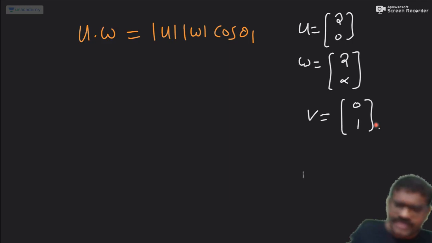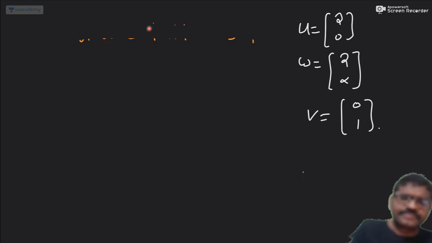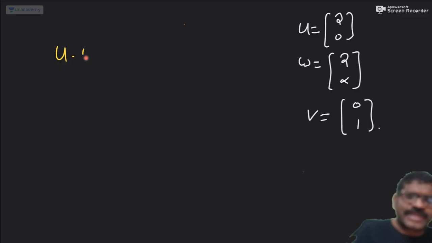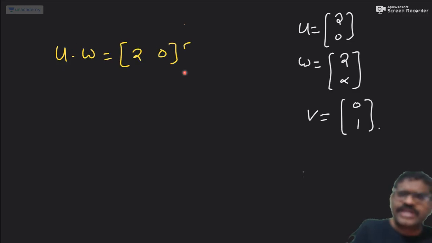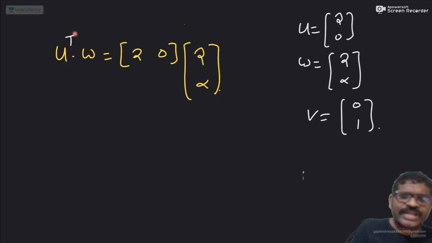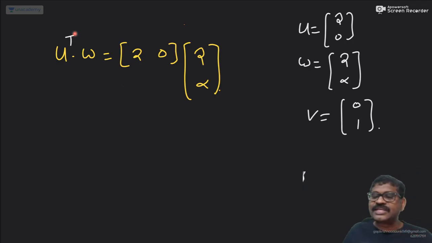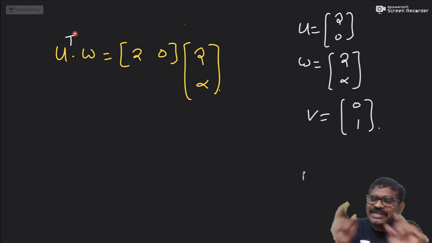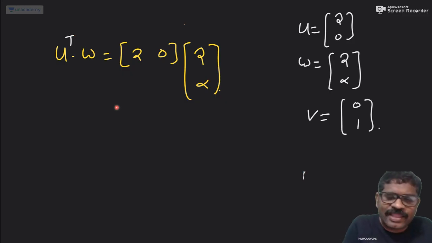You calculate here. U and W are known, right? U bar dot W is nothing but take U transpose 2, 0, W is 2, alpha. Take the inner product. You know how to take the inner product. You have to take the transpose of U because they must be compatible for multiplication. The result must be 1 cross 1. If you multiply, you will get 2 into 2, 4 plus 0.